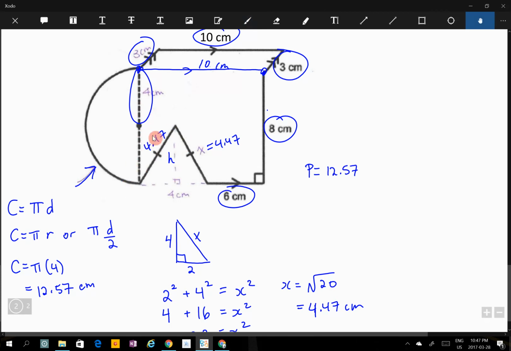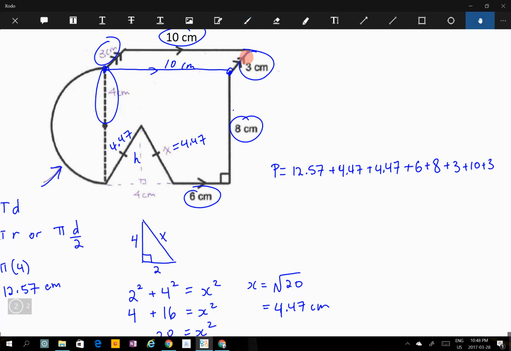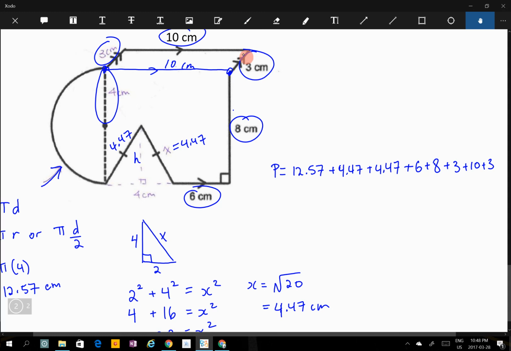So 4.47 plus 4.47, plus the 6 centimeters down here, plus the 8 centimeters over here, 3, 10, and 3. And my final answer will be 51.51 centimeters. That's the perimeter. And that ends our lesson.